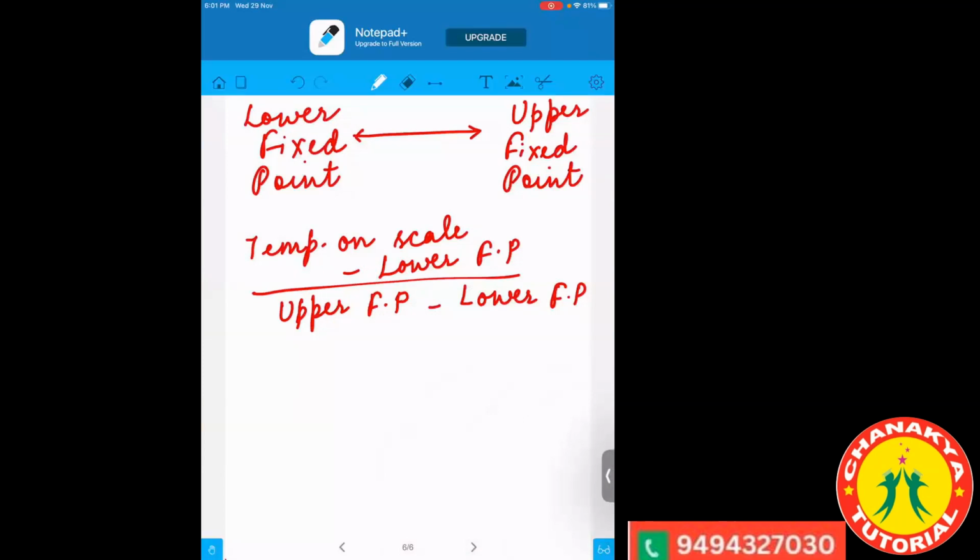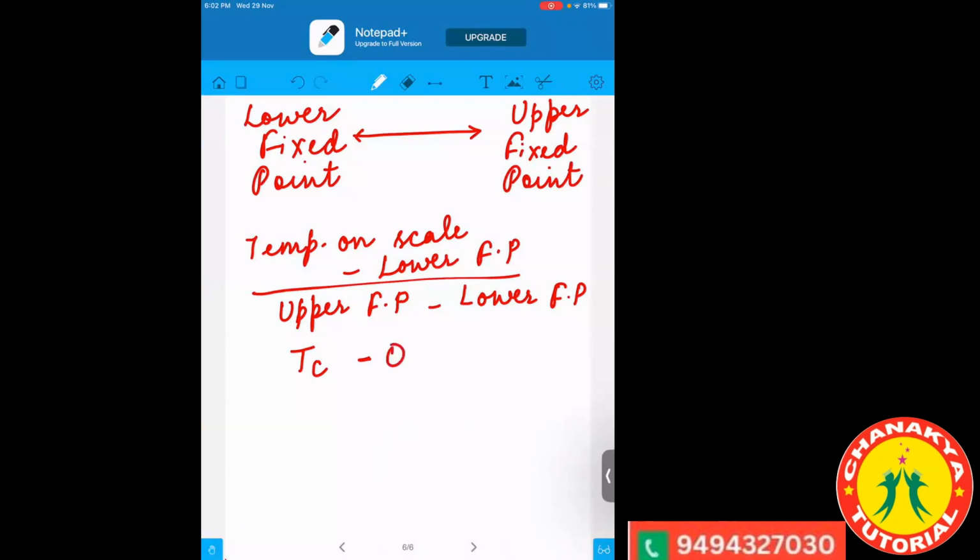Now, temperature on scale means either Celsius, Fahrenheit, or Kelvin. So what do we write? We write TC. T stands for temperature, Celsius temperature. Then minus, what is the lower fixed point for Celsius? The lowest point for the Celsius scale is 0.